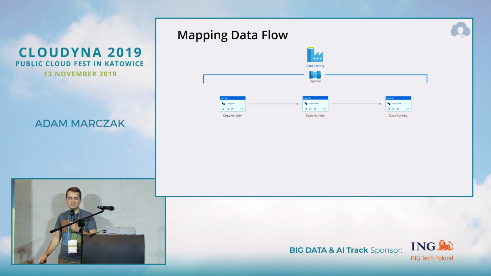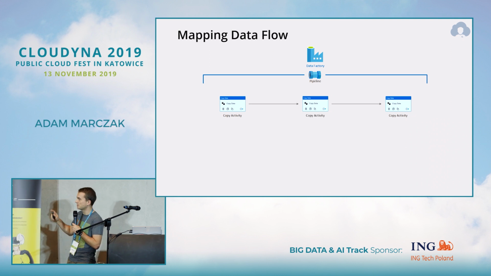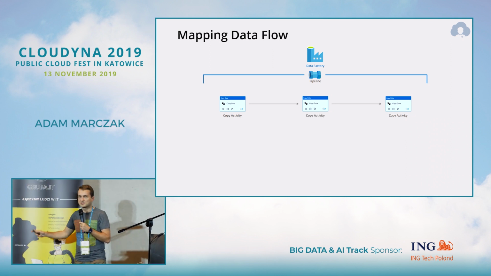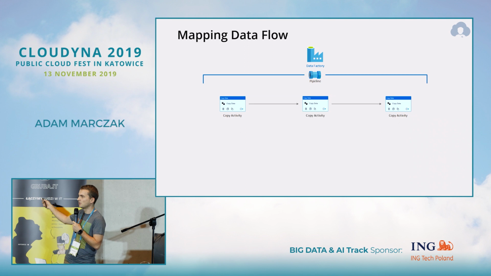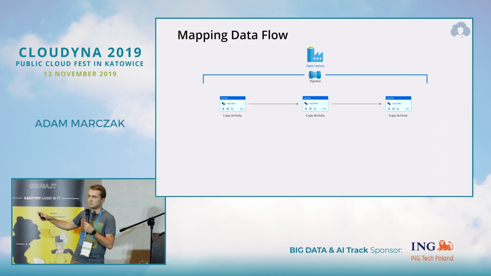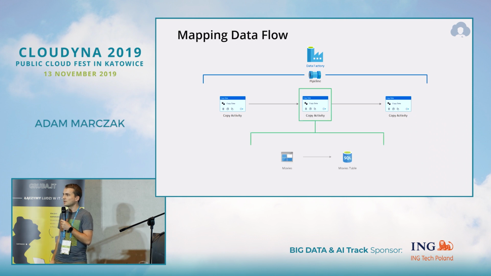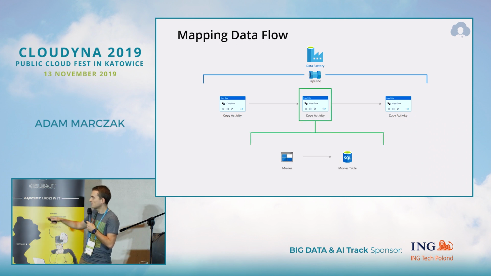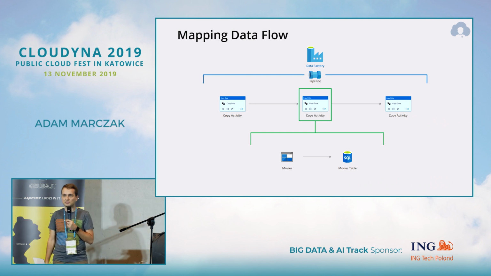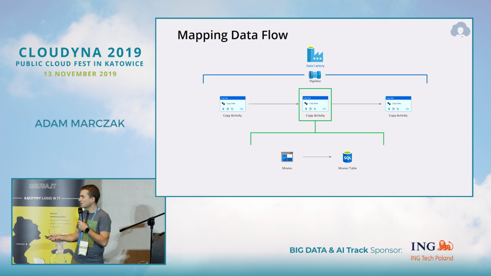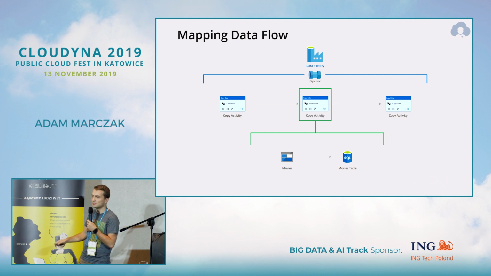And if you have already seen Data Factory, you probably remember this, but the usual pipeline looks like this. You have a block after block after block, and it's just a pipeline. Previously, this was usually copy data, copy data, copy data, and maybe execute some additional stuff. And within one block you usually had, for example, move data from blob storage to SQL Server. That was good, but also limited, because within that one block, this is as much as you could do.